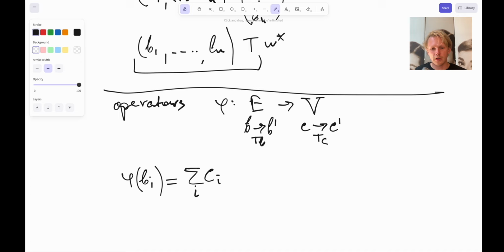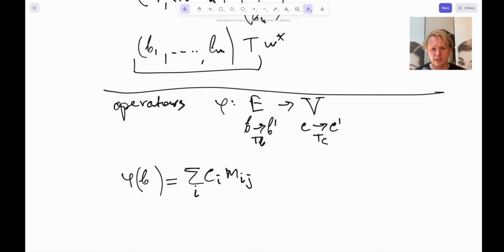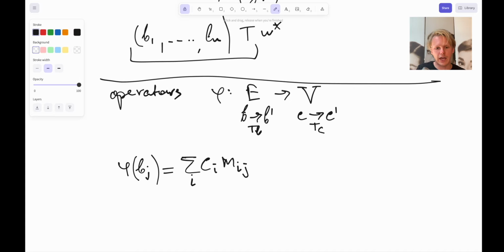So let's call them Mij, right? Again, the same, this is one next to another. Oh, we need to rename things. For example, if we say that we have G here, now it's all right. And then it acts linearly.